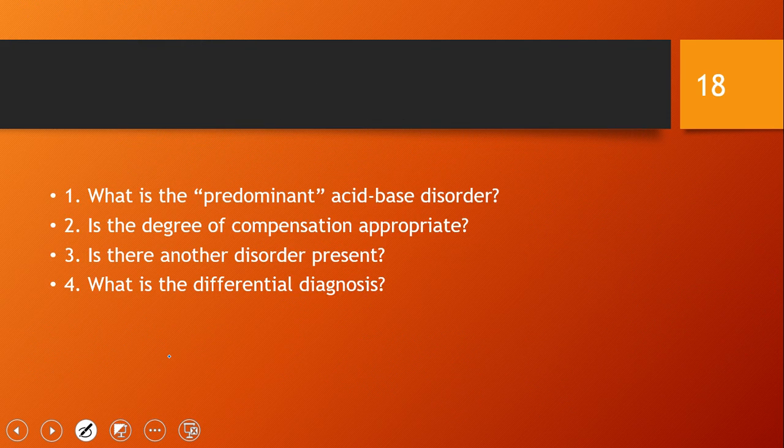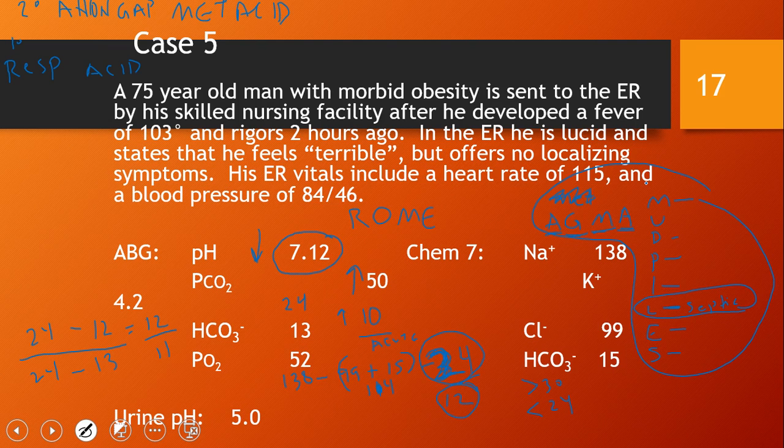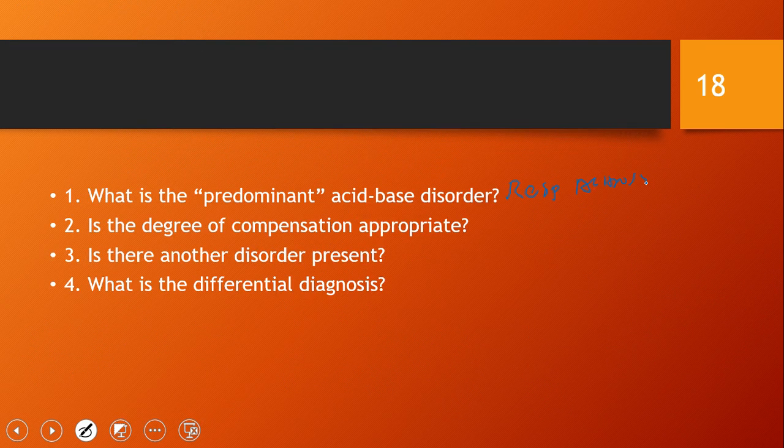Let's see what they say here. So predominant respiratory acidosis. Degree of compensation adequate. Oh, I didn't even do that. Compensation adequate? No, I don't think it is, because he had a huge anion gap, remember?